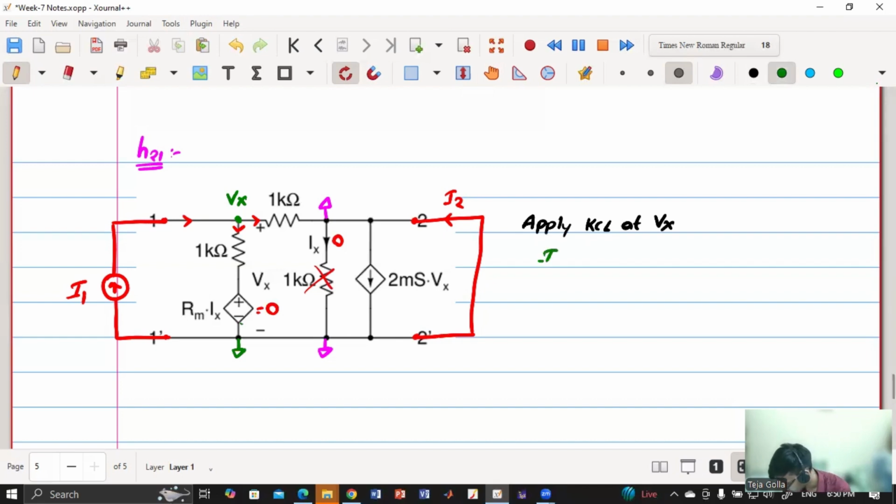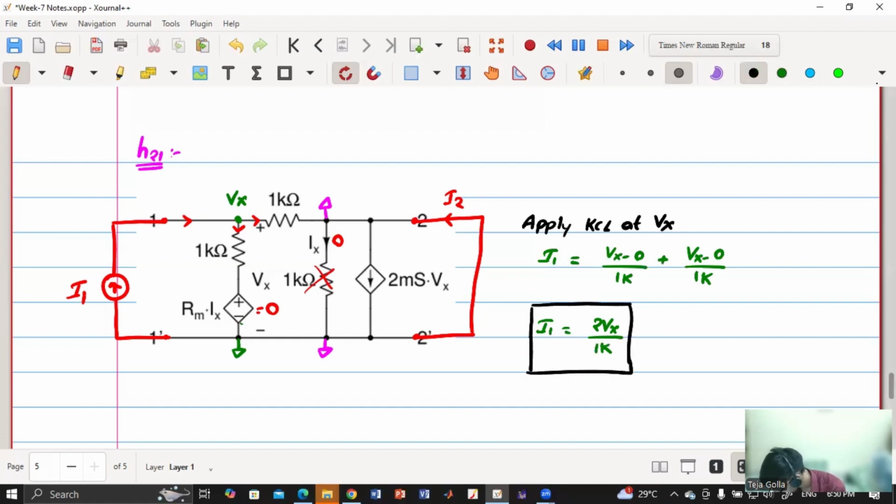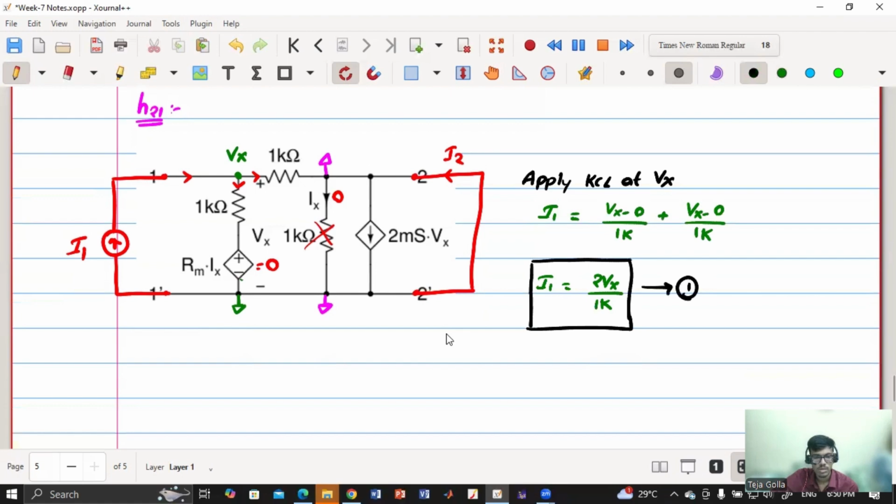So current entering I1 is equal to current leaving in the 1 kilo ohm, which will be (Vx minus 0) by 1k, plus again in this direction also (Vx minus 0) by 1k. So my I1 is 2Vx by 1k, right? Agree?